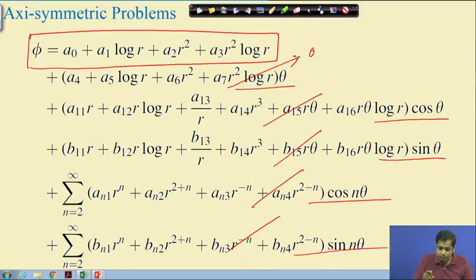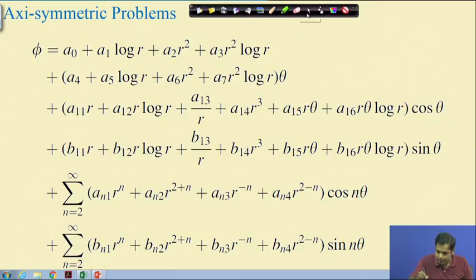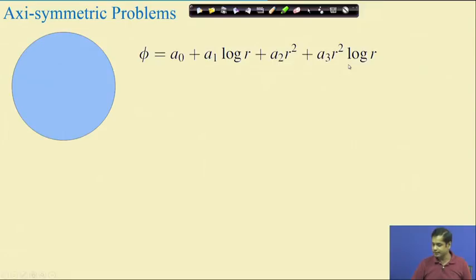Now, suppose this is my phi. We will also see that some of the terms may be retained for an axisymmetric problem, but in the very simplified case, we straight away remove all the theta dependent terms and take only this term. Let us see what happens next if we take only this term.